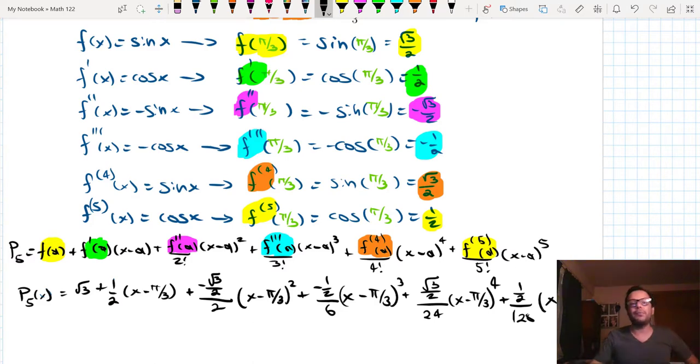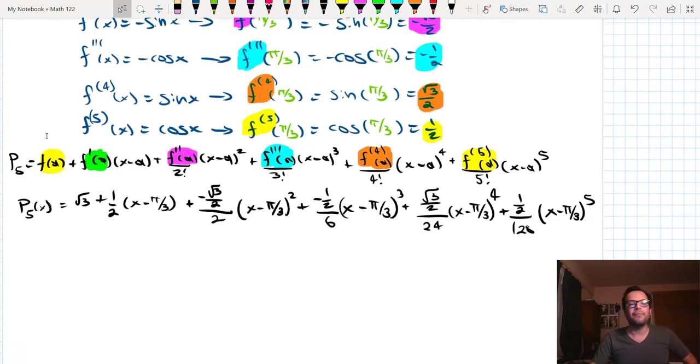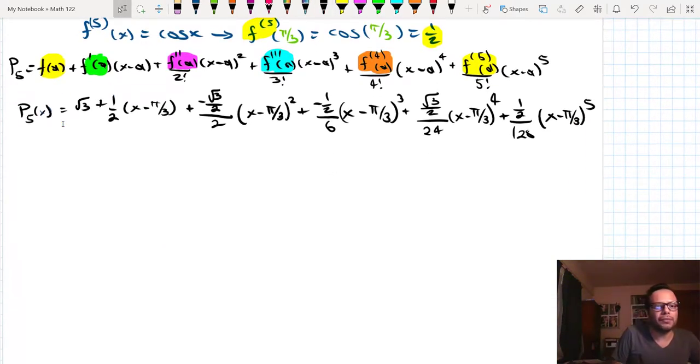So we're done writing the polynomial, right? Let's just simplify the numbers right here. So P5 of x equals square root of 3 over 2. I forgot a division by 2 here.